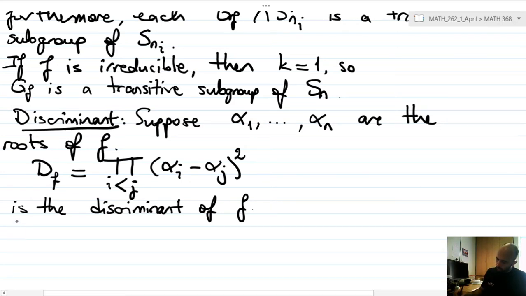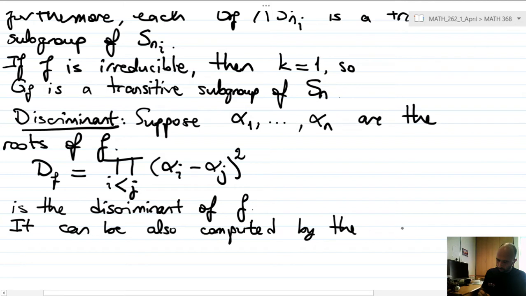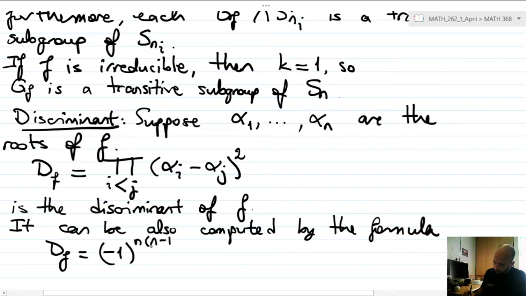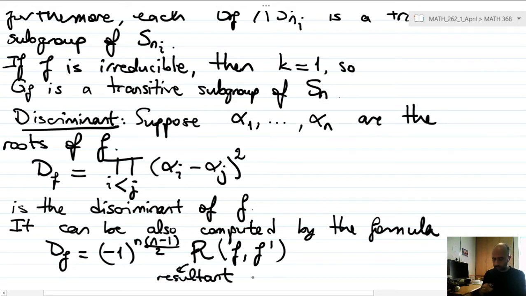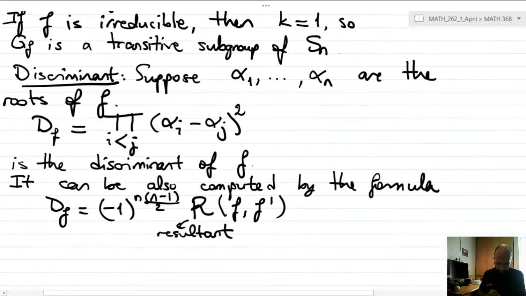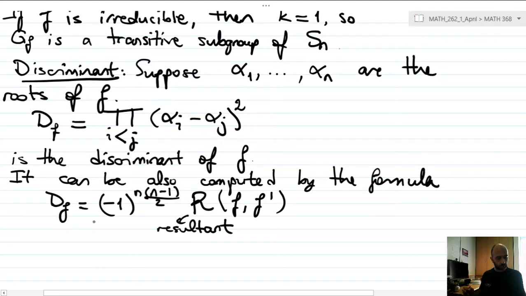It can also be computed by the formula d_f equals (-1) to the power n(n-1)/2 times the resultant of f and its derivative. Here R is the resultant. We talked about this in lecture notes. In particular, this tells you that if you have an integer polynomial, the resultant will be an integer.